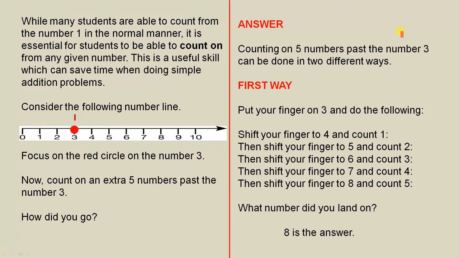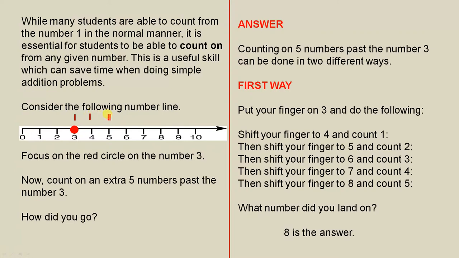Counting on 5 numbers past the number 3 can be done in 2 different ways. Put your finger on 3 and do the following. Shift your finger to 4 and count 1. Then shift your finger to 5 and count 2.